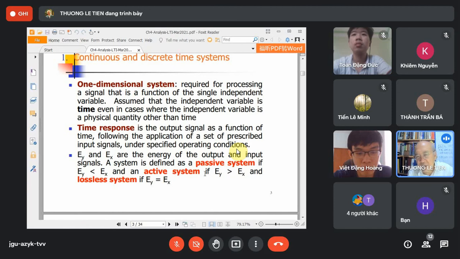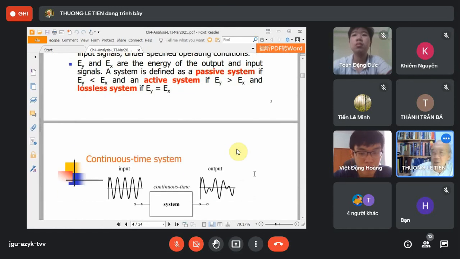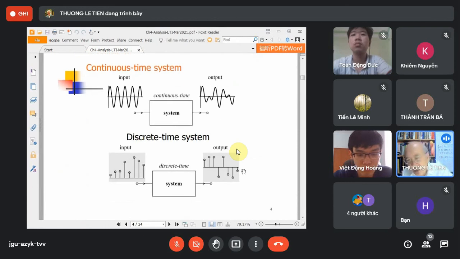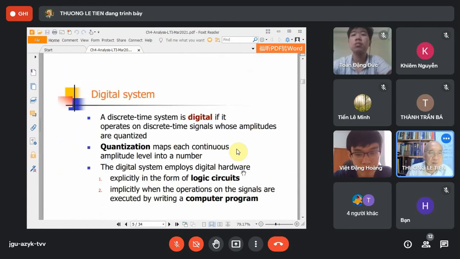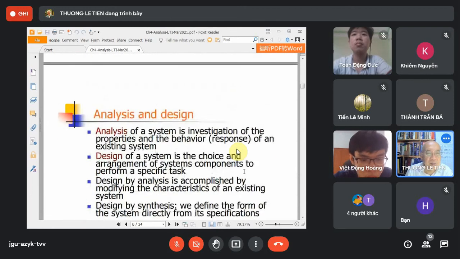And the active system, if the energy of the output is greater than the energy of the input. That's all, just the terminology. And CT system, DT system, no problem. Digital system, no problem.